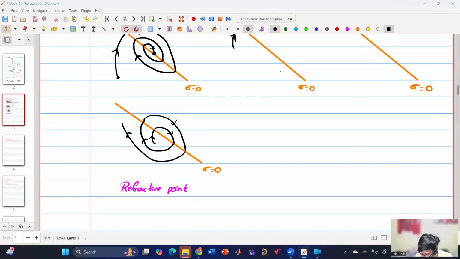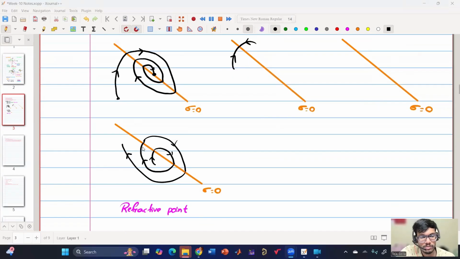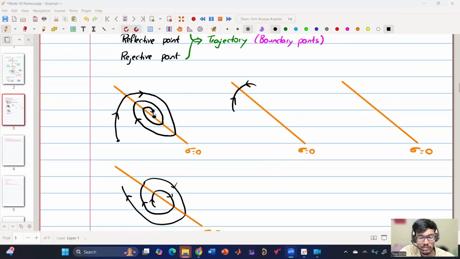Either it can converge or it can diverge as well. So this is stable and this is not stable. It is moving away from the equilibrium point here, and moving towards the equilibrium point here. Because on one side it is trying to come towards the line, on the other side it is going away, so the trajectories look something like this. Whereas in this case, both are trying to come towards the line.